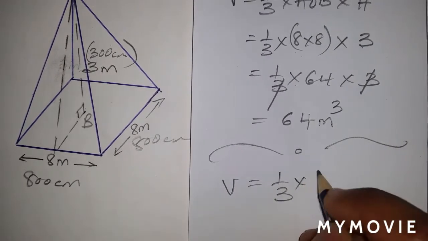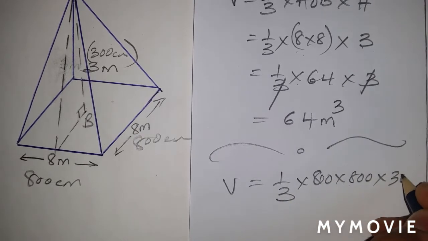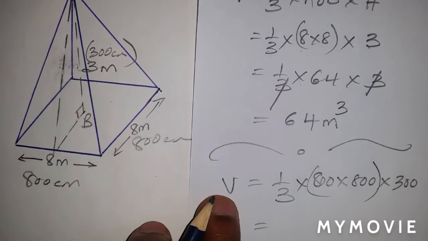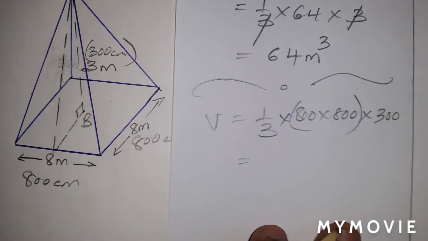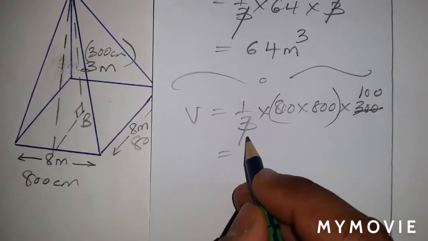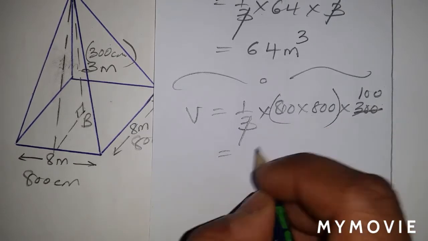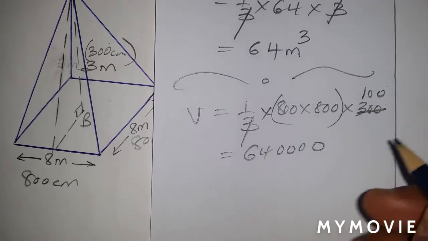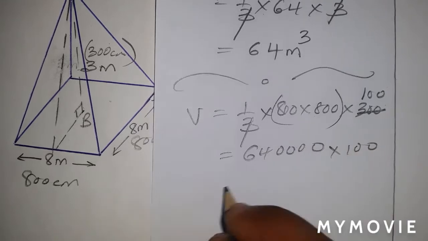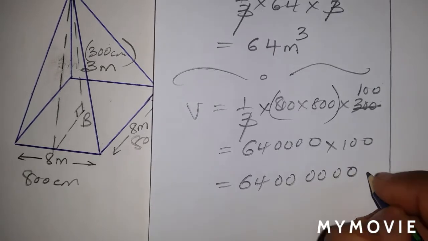So again, this is 800 times 800 times 300. All right. So again, this represents the base, and we're dealing with the volume now in centimeters. So what we would have is right away this cancels this, as in fact 3 go into 300 100 times. So 800 times 800 is 640,000, times 100, which would be 6400, and we add those 4 zeros, cm cube.